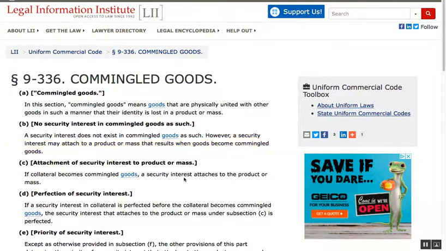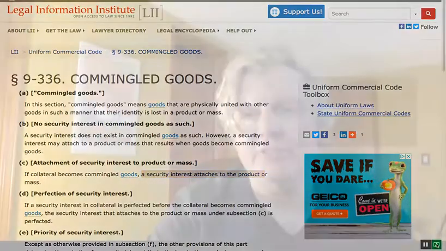So it says we can. And here is really the operative rule. If the original collateral becomes a commingled good, a security interest attaches to the product or mass, the commingled product. So it is the original security interest in the eggs or the flour.